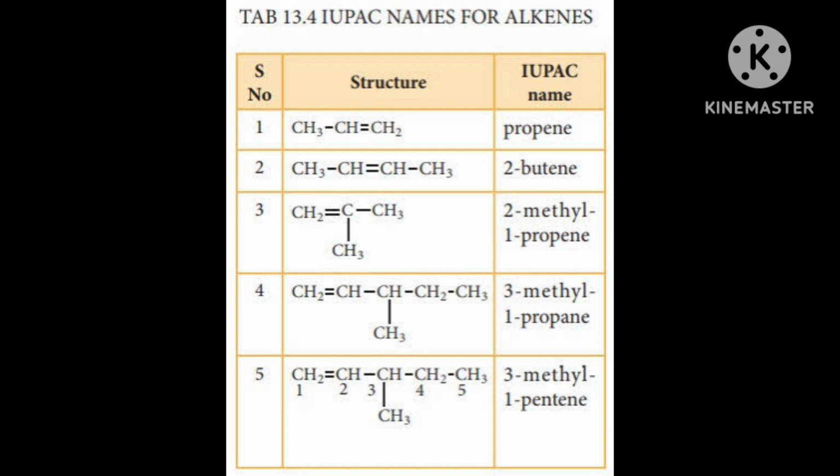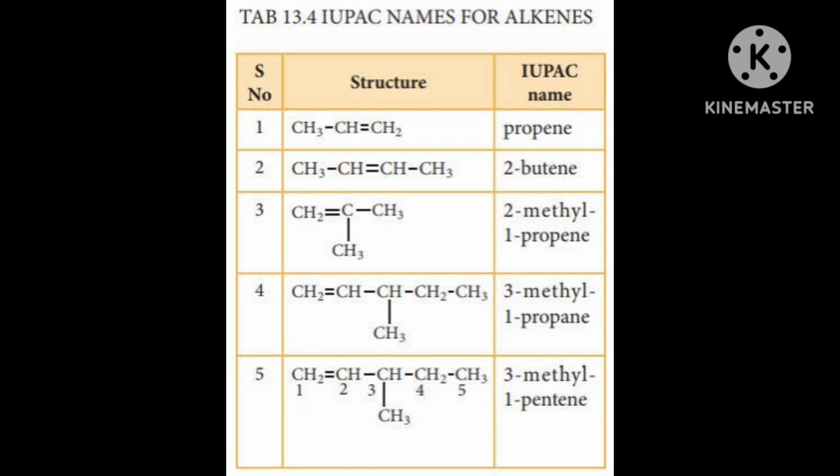Decadiene you have to write in the end, because total 10 carbons are there. Then you do not count the branch, that is the methyl. Leaving the methyl group, total 10 are there, and two double bonds are there, the decadiene, that will be in the end.